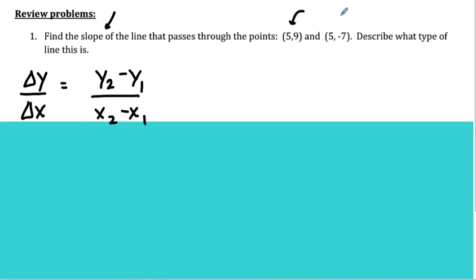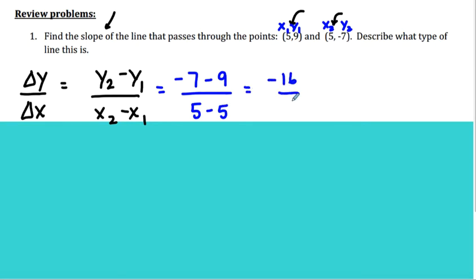These are the points, and each of those represents an x and a y, so we can label them x1, y1, x2, y2. So it's change in y over change in x. So we would have to do -7 minus 9 all over 5 minus 5. All right, and that would give me -16 over 0.